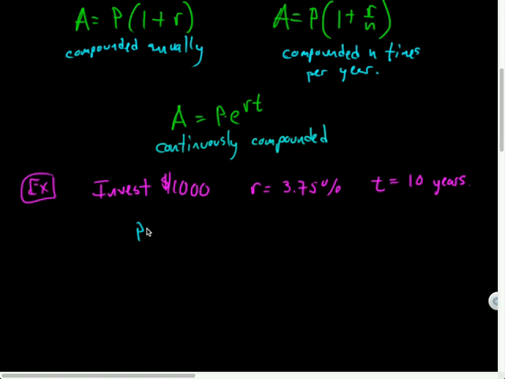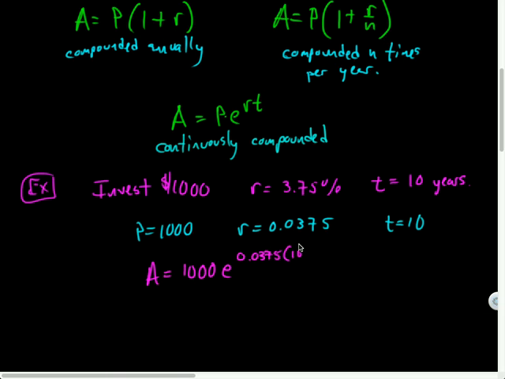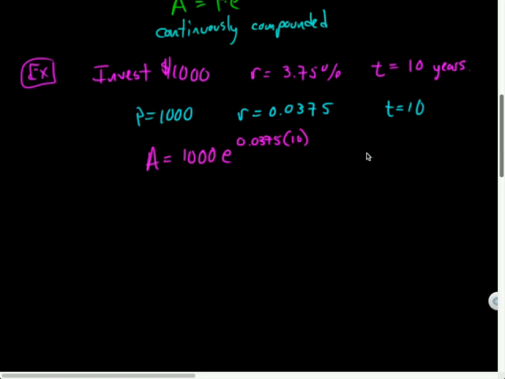P would equal 1,000. The rate would equal 0.0375, because I have to write the percent in decimal form for this to calculate properly. And time would equal 10 years. So I'm looking for A, the ending amount. So I'd have 1,000 times e to the 0.0375 times 10. All right, so let's plug that into a calculator.